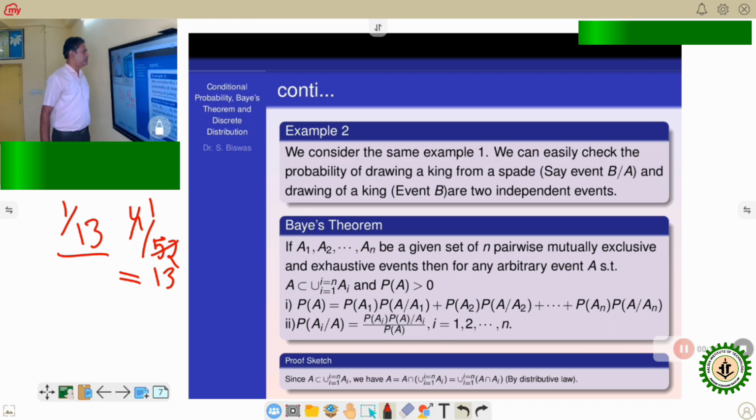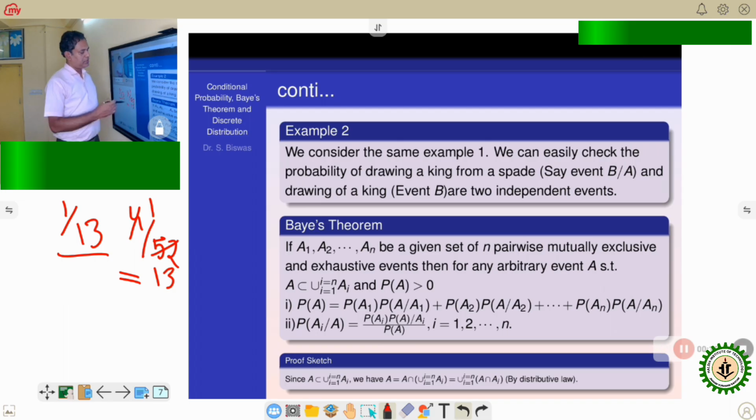Now let us come to Bayes theorem. Bayes theorem again is an important theorem, not only from the probabilistic point. It has found wide application in many other areas of engineering. For example, it is used to filter spam mails, which we all find in our mails.